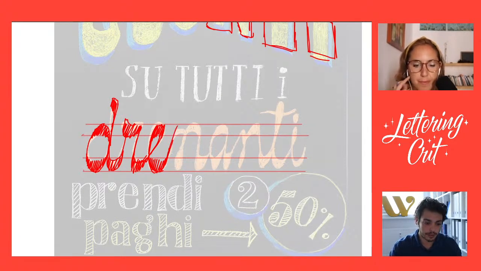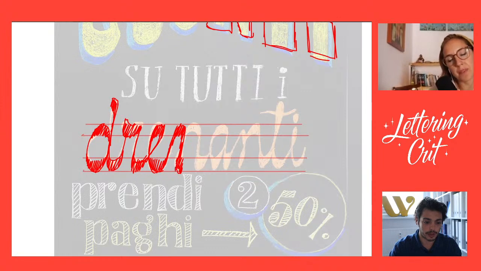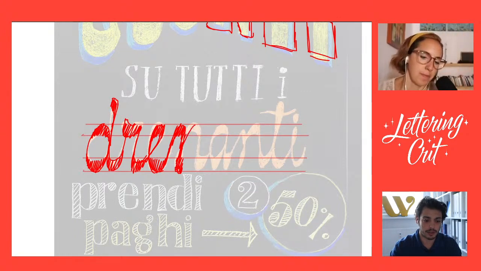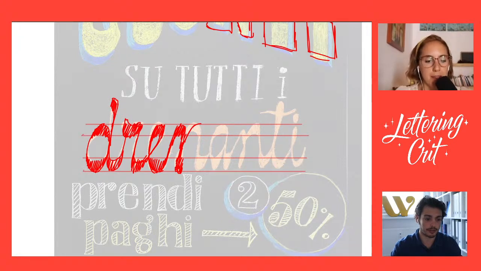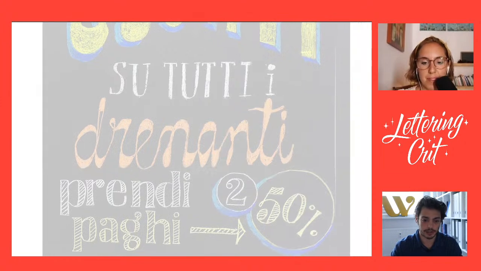And we'll recommend also working with guidelines in general, not only when you're working with this kind of pieces. It will give you a really good hint of where to place the height of your letters, right? For example, if I get rid of these guidelines, you can see the lettering is kind of jumping in heights, right?